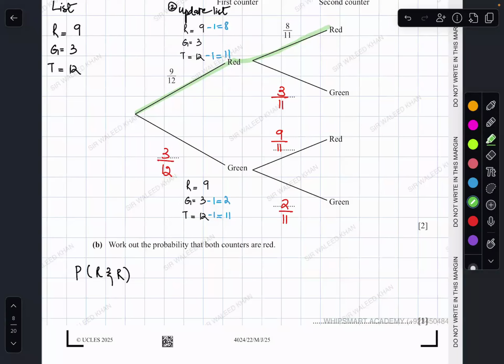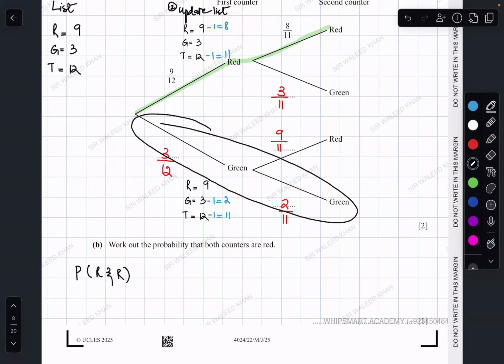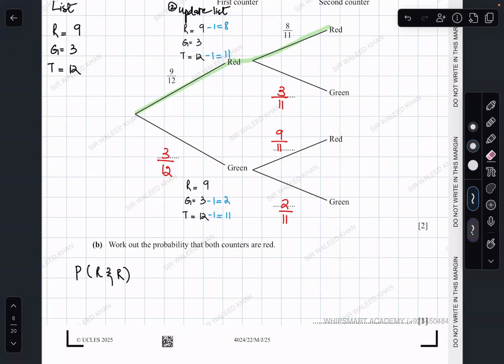Or in other words, independent events will be multiplied, and dependent events will be added. But if I look at green and green, for example, then either it can be red and red or green and green, if they are saying find the probability of the same counters.